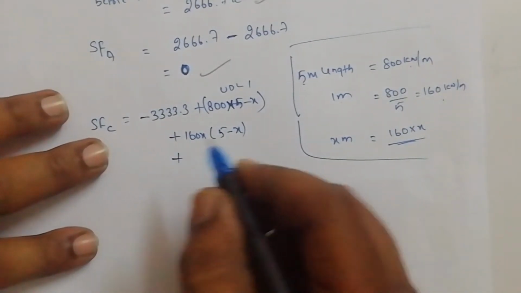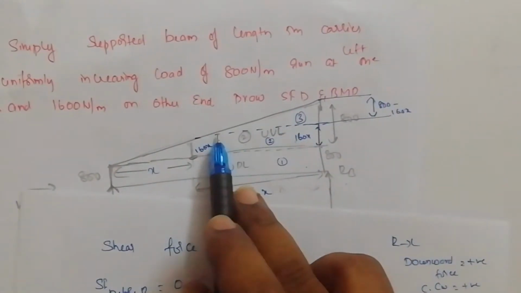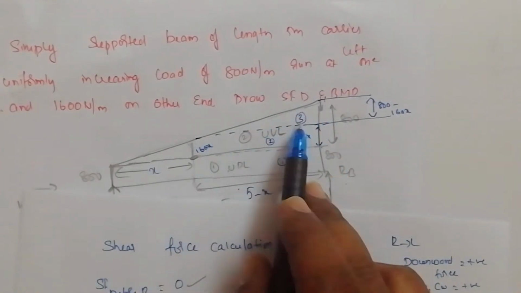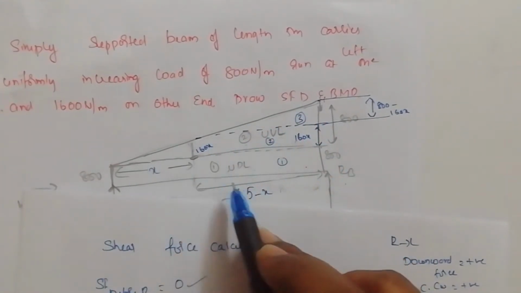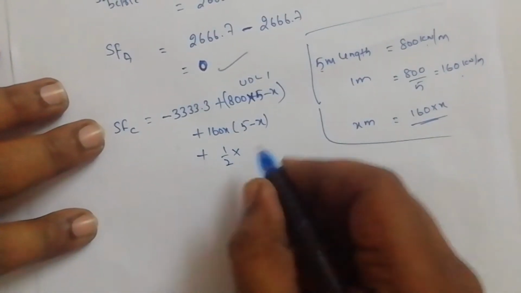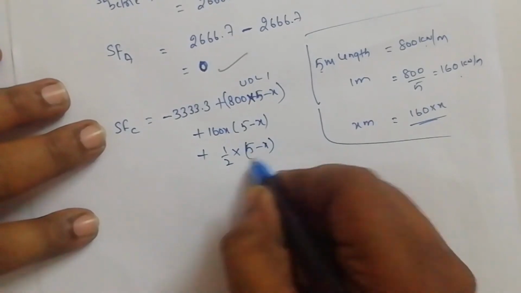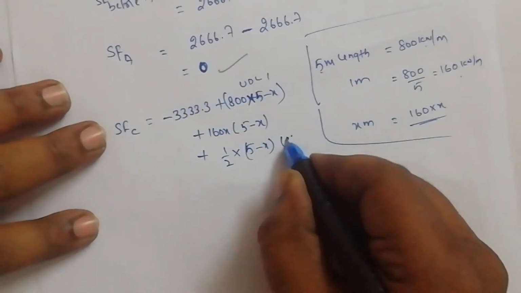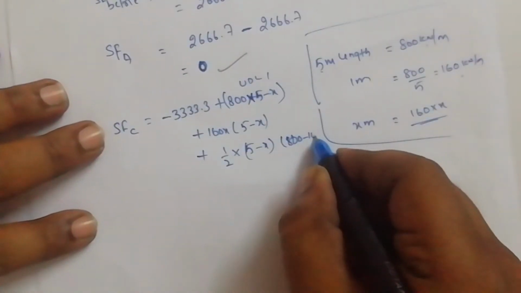Next is because of the UVL, the third part. What is the UVL length? The base is 5 minus x, the height is 800 minus 160x, so let us write half into (5 minus x) into (800 minus 160x).